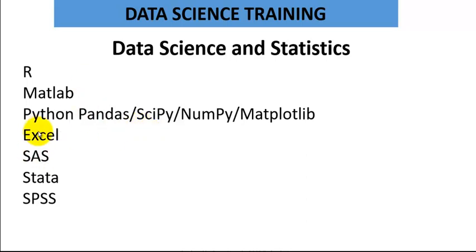Though you are going to see some of the things we do in Excel, we are going to see it in Python too. But Python is much more than that. The same thing goes for SAS, Stata, and SPSS. They can do a lot of analysis, t-test, z-test, chi-test, and so on. But Python can do more. So you are going to see the difference between them as we move on.